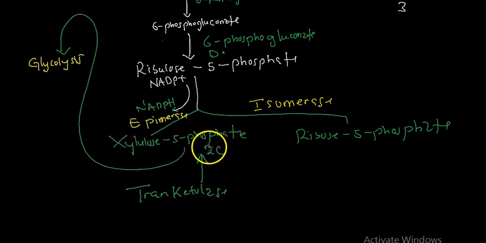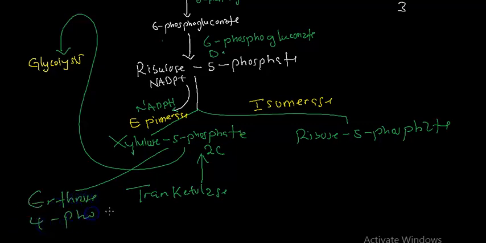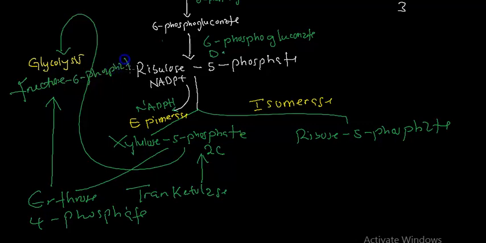It will transfer this onto what we call the erythrose 4-phosphate, and this is what will form the fructose 6-phosphate. And here we have gone back out into our glycolysis.